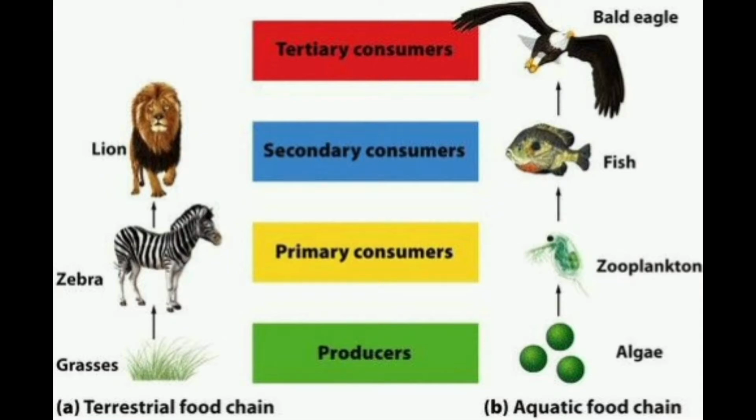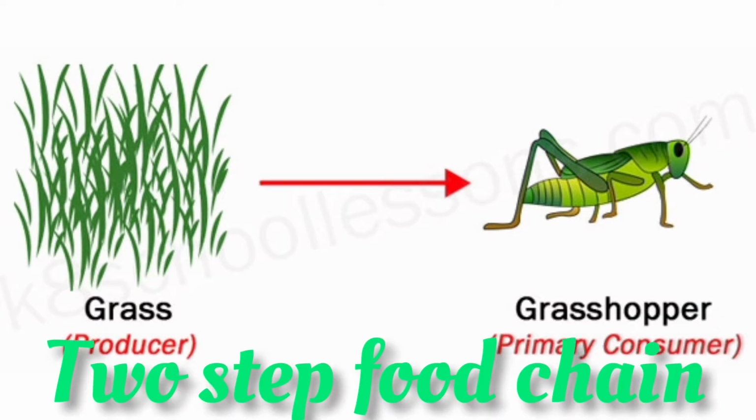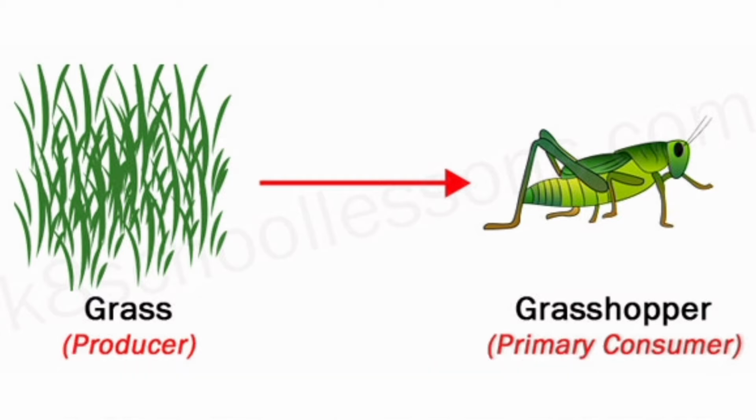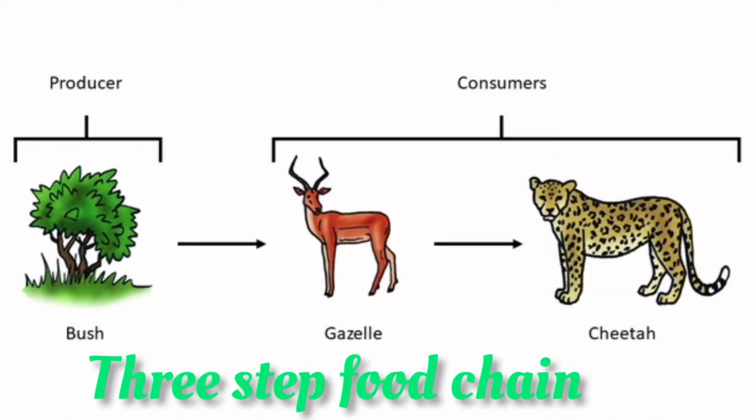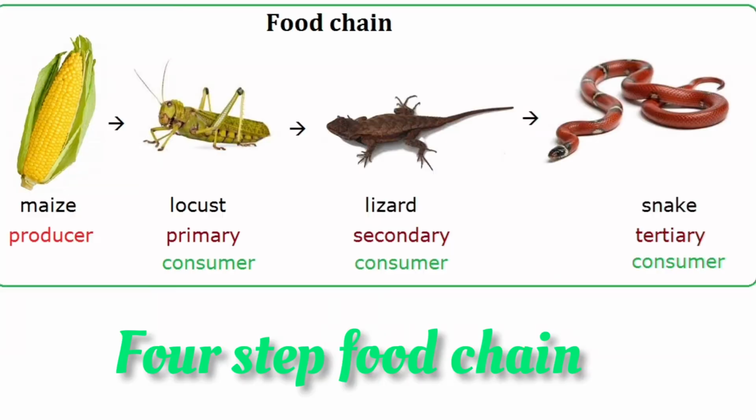Let us discuss first the 2-step food chain where it has only a producer and a herbivore, that is the consumer. In a 3-step food chain, it has producer, primary consumer, that is obviously a herbivore, and then the secondary consumer might be a lion or any other carnivore.